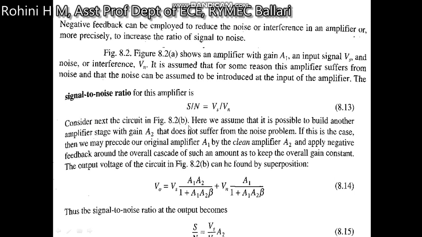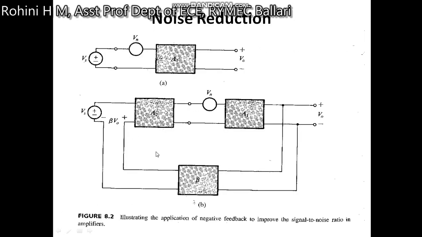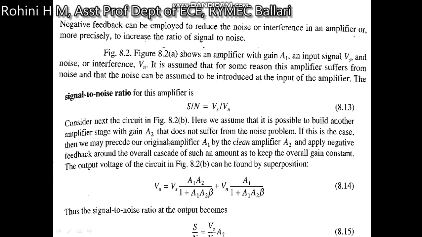Next we are applying negative feedback. This is the feedback circuit that we are applying here, that is, the feedback factor beta. Here we assume that it is possible to build another amplifier stage with A2 that does not suffer from the noise problem. In this case, we may precede our original amplifier A1 by the clean amplifier A2. So what we are doing?